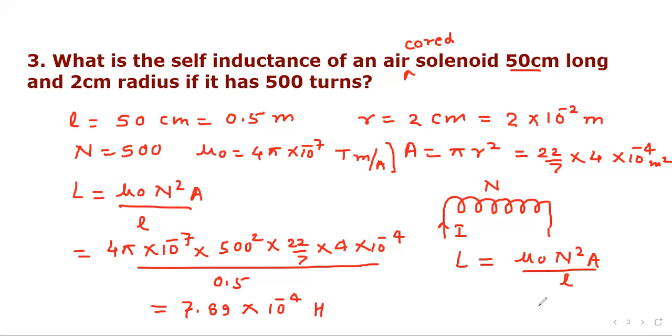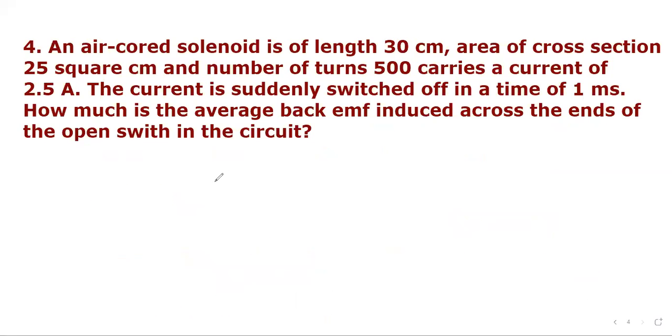Now let's see next question. Next question is an air-cooled solenoid is of length 30 centimeter, area of cross section 25 square centimeter, and number of turns 500. Carries a current of 2.5 ampere. The current is suddenly switched off in a time of 1 millisecond.